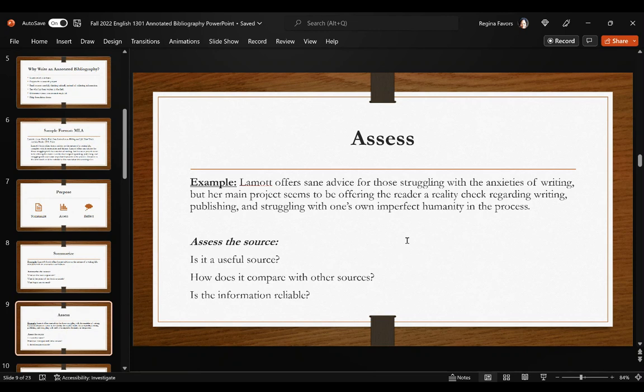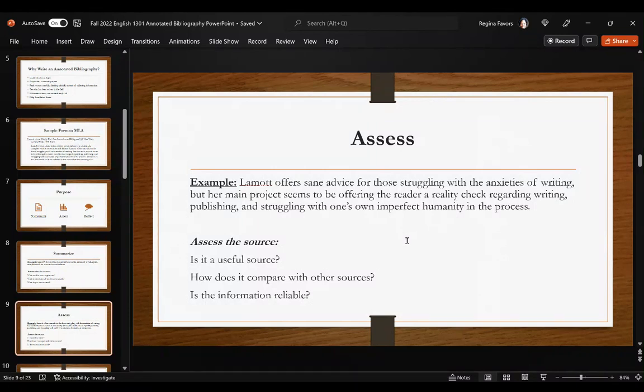The reality check has a lot to do with the writing, but also writing in such a way that it is publishable for the masses, and that you can struggle with your own imperfect humanity when you are considering all these processes, that it's just not you writing.